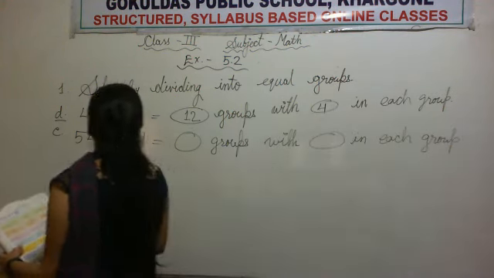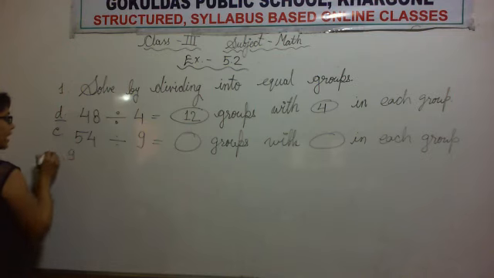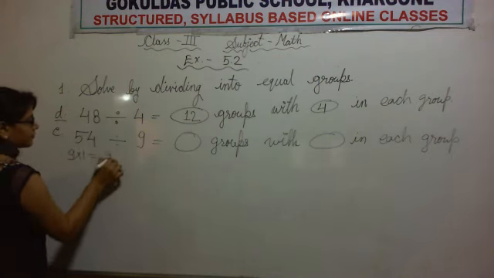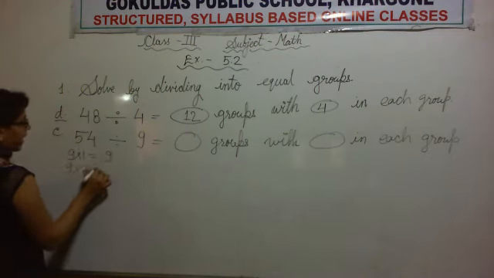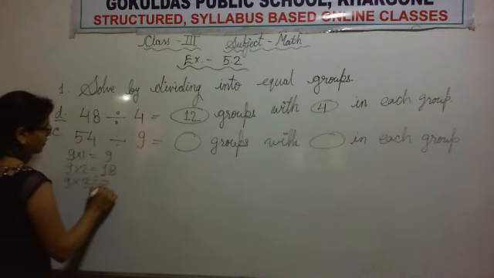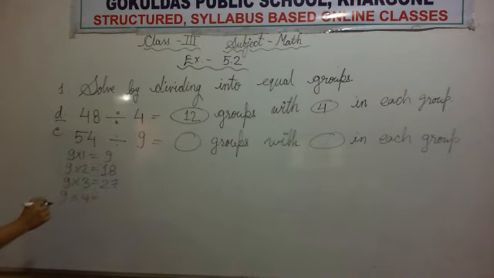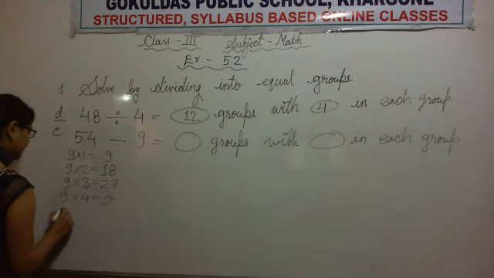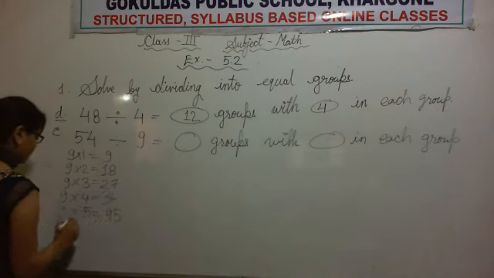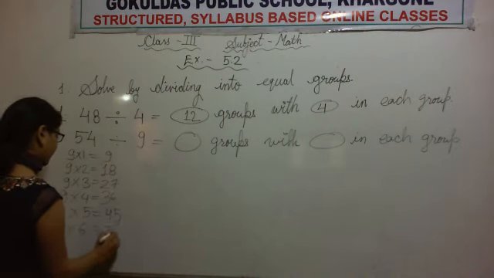Okay, so for getting its answer we need to write down the table of 9. So 9 ones are 9, 9 twos are 18, 9 threes are 27, 9 fours are 36, 9 fives are 45, 9 sixes are 54.